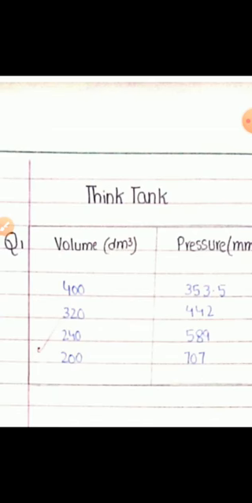And in the last case, volume V4 is 200 and the pressure is 707 millimeter of mercury. We multiply it and the answer is 141,400. The first experimental value matched with the fourth experimental value, but it did not match with the second and the third value.